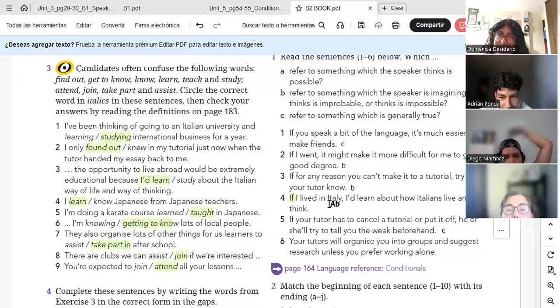If I live in Italy, I would learn about how Italians live and think. It refers to something generally true. It refers to something which the speaker is imagining, thinks is improbable, or thinks is impossible.